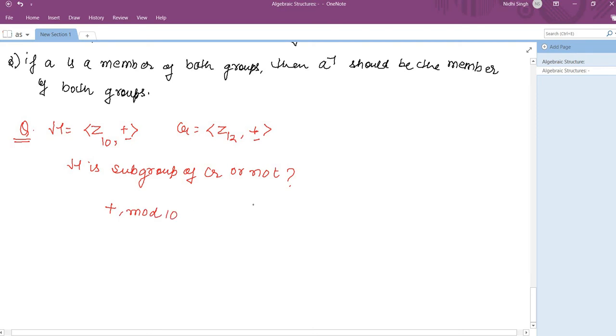Here, what is the operation? Addition, and the second operation is mod 12. So here it is a difference. We are performing mod 10 here and we are performing mod 12 over here. So we can say that H is not a subgroup of G because operation must be same. So the answer is no.